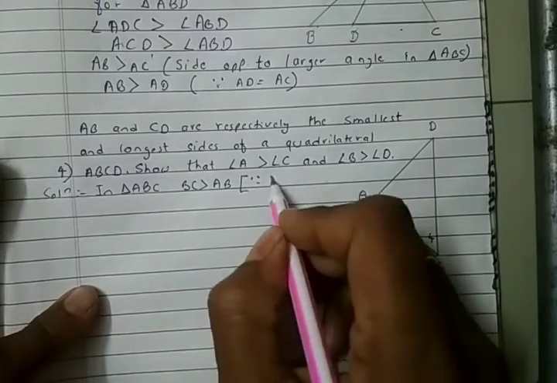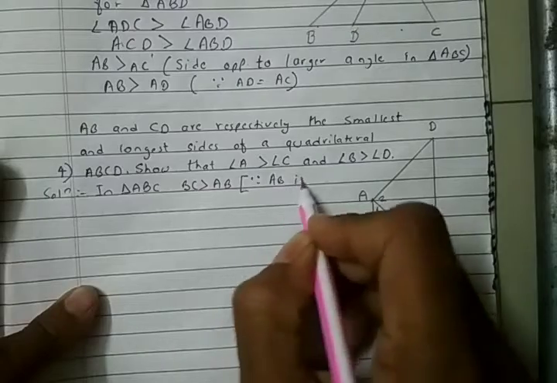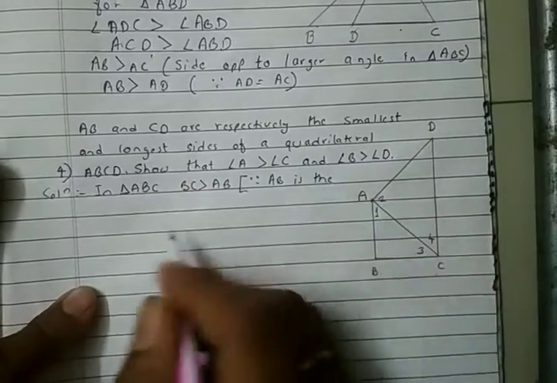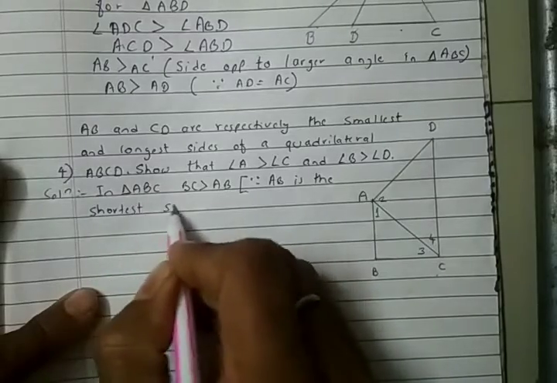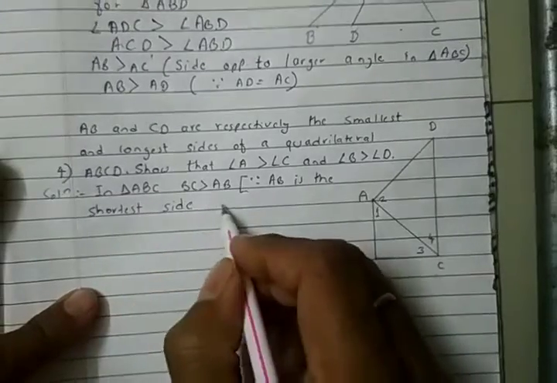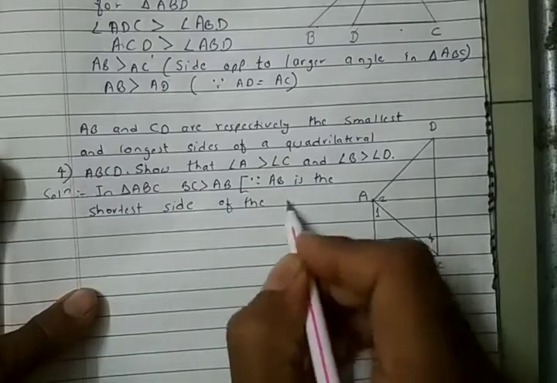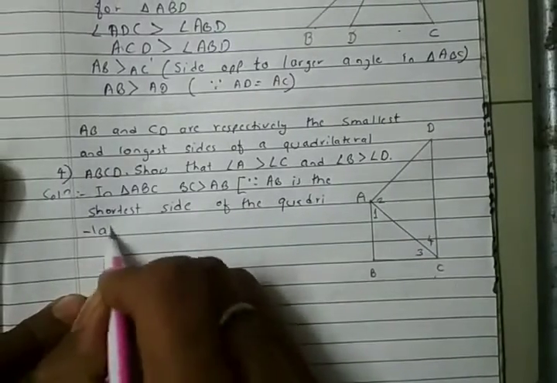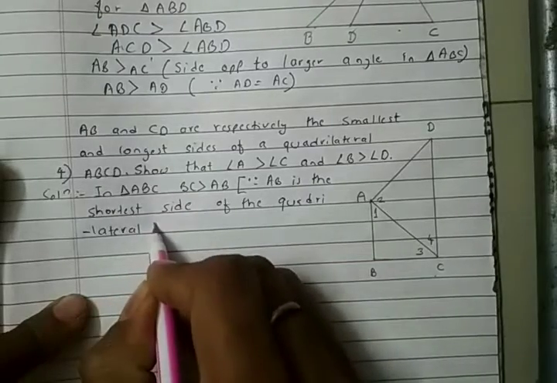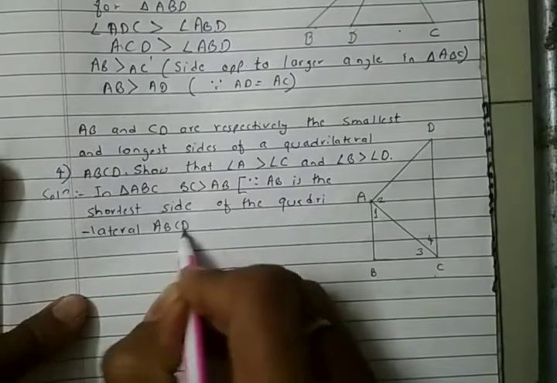Why can we say this? Because AB is the shortest side of the quadrilateral ABCD.